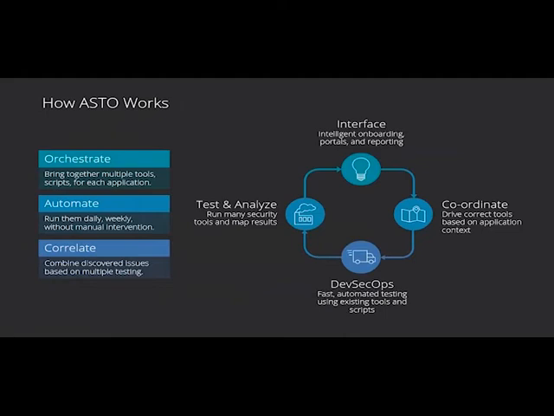The ASTO tools work by automating the security tools, either open source, commercial tools where the customer already has a license, or custom scripts that are created by companies like us or penetration testers to cover some of those 52% of the ASVS that isn't covered by other tools because they're more specific to the application. Automating these testing tools allows temporal security to be covered a lot easier because these tools can be orchestrated and automated nightly, weekly, or whenever a continuous integration trigger happens. For example, maybe a Git input or a Jenkins build.